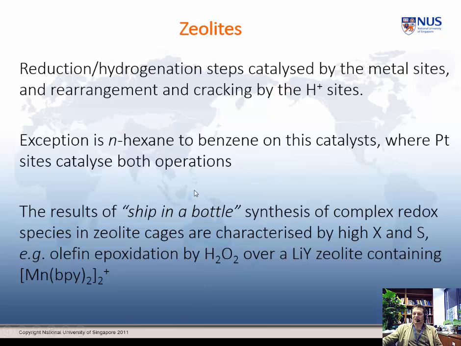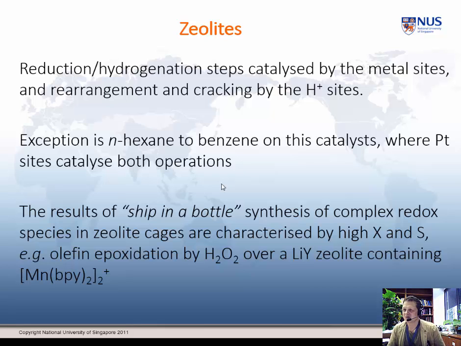This is a very light take on so-called ship-in-bottle synthesis, where you tailor make your catalyst to such a degree that you have complex, multiple and different functional active sites in different zeolite cages. There's a couple of examples here for you.